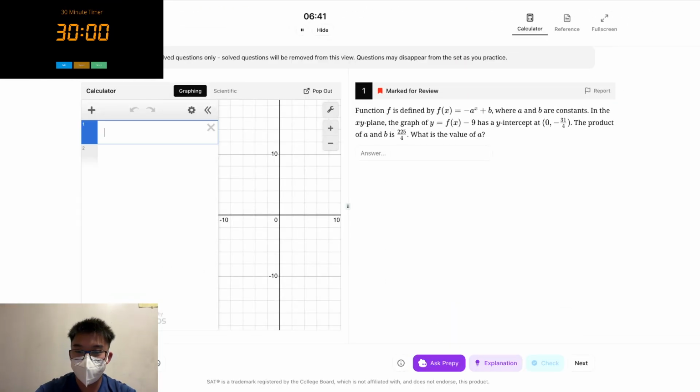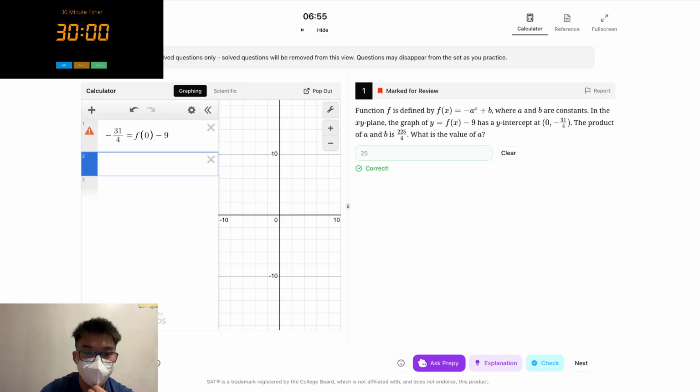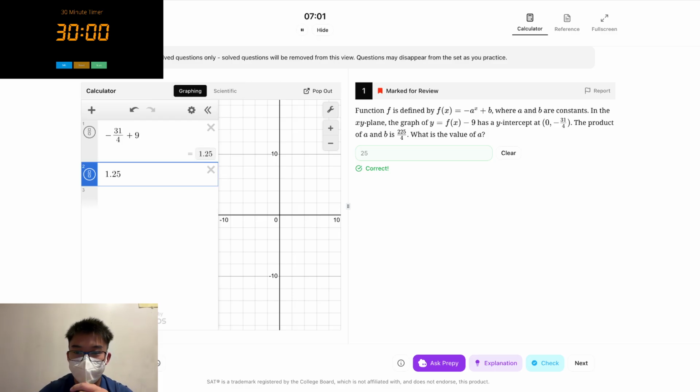This one I already did before, but the answer is 25. The way of getting this is, you've got y equal to negative 31 over 4, which is equal to f of 0 minus 9, and then you get f of 0 equals negative 9, so you plus 9, so you get 1.25.